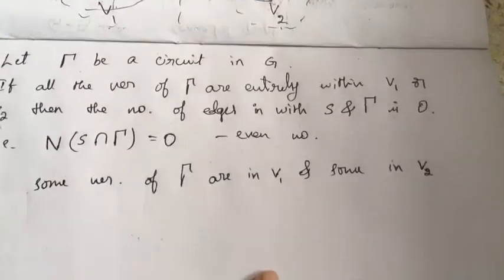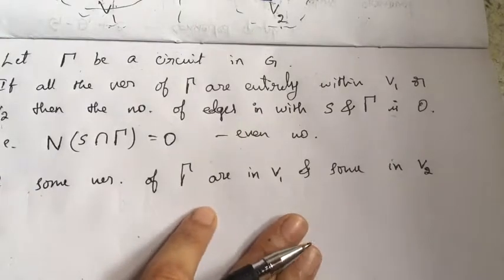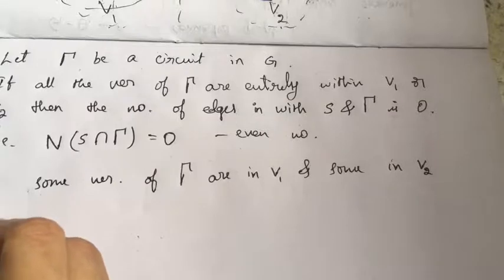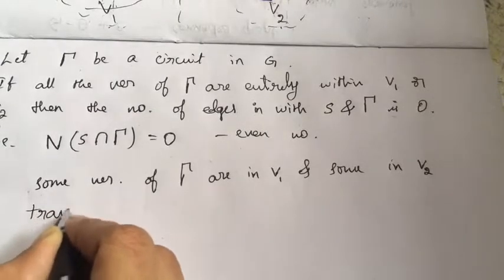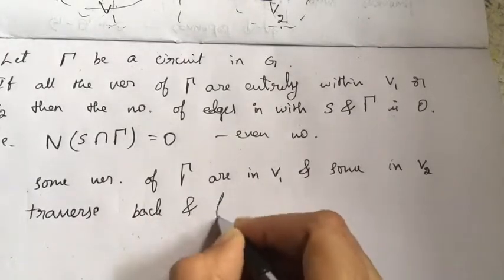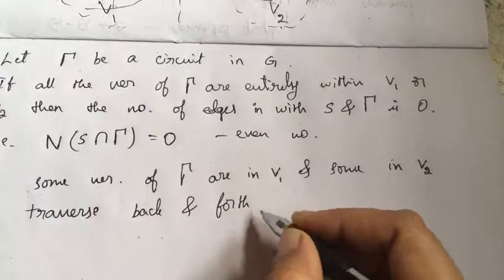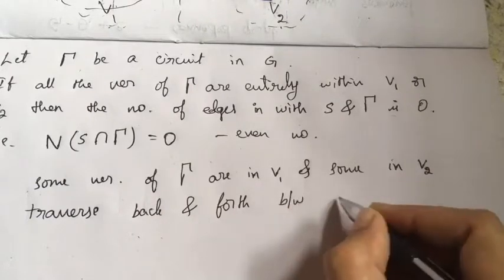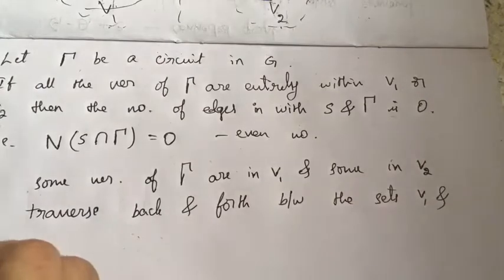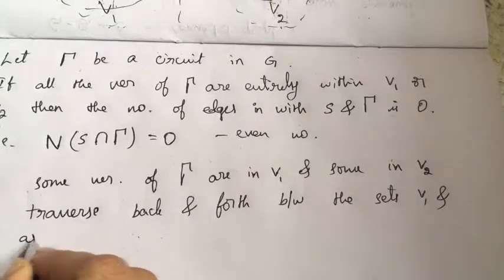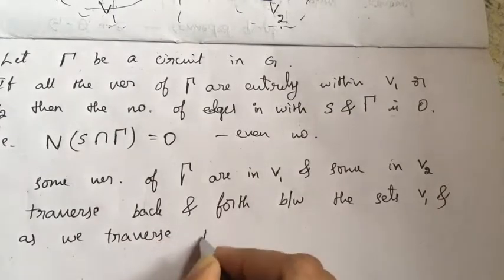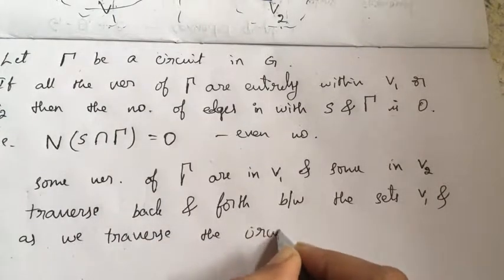So I have written: if some vertices of gamma are in V1 and some are in V2, then we traverse back and forth between the sets V1 and V2 as we traverse a circuit or cycle.